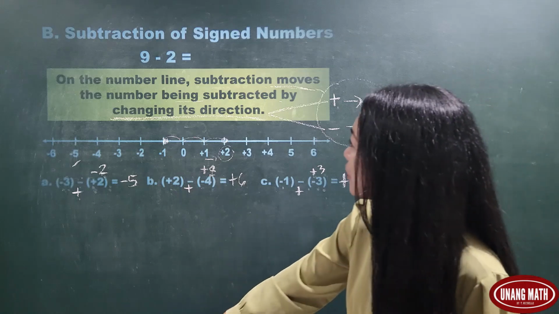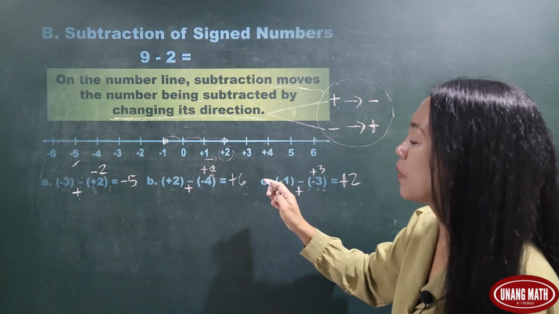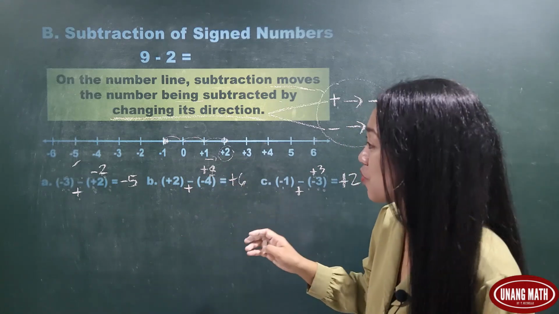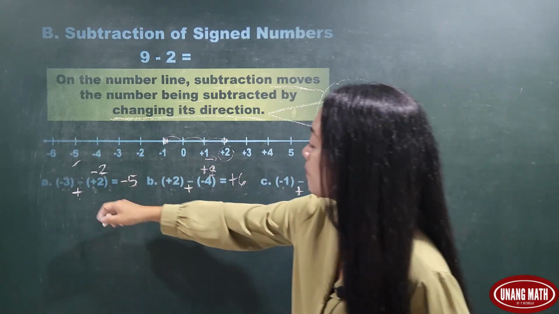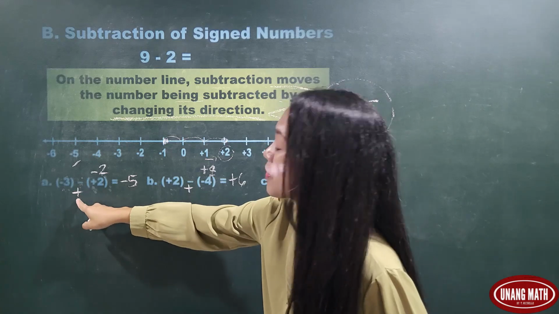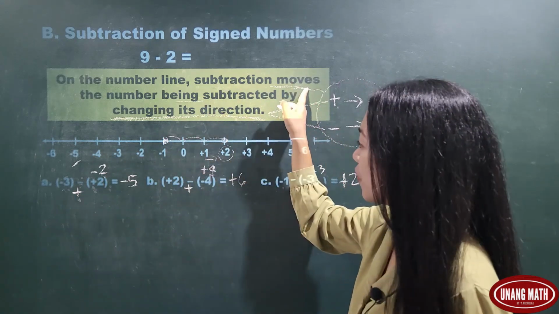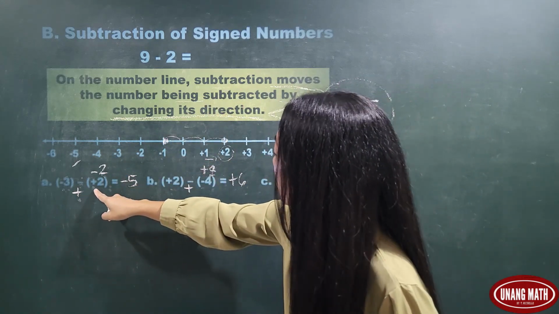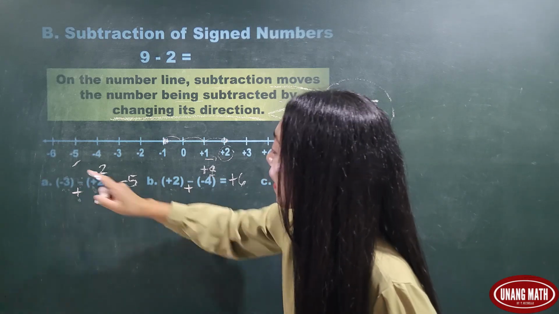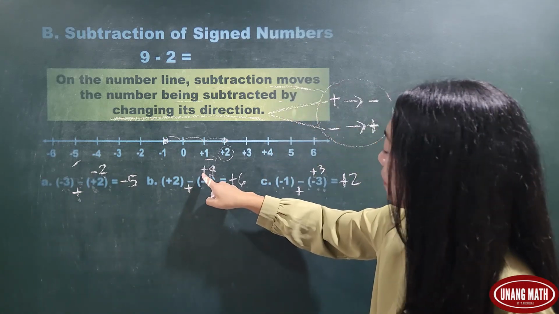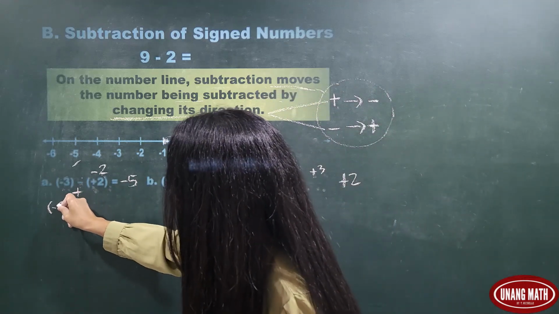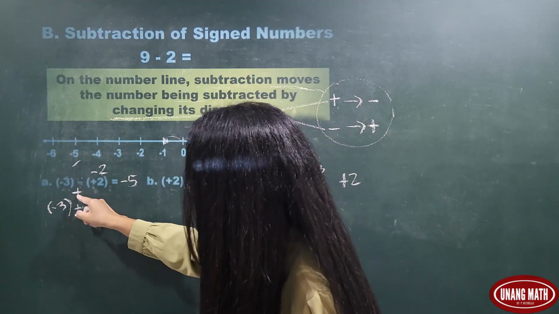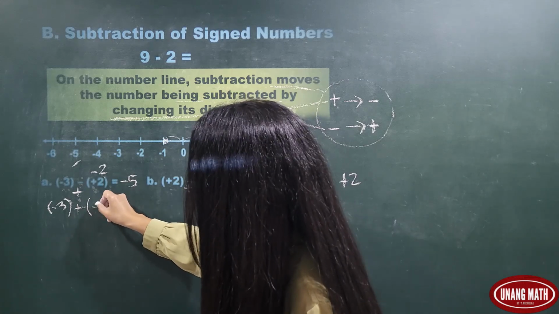In subtraction of signed numbers on the number line, we will not actually subtract the given numbers. Instead, the minus sign becomes a plus sign because we move, and we change the direction: from positive becomes negative, from negative becomes positive. So we can write it this way. Negative 3 plus negative 2.